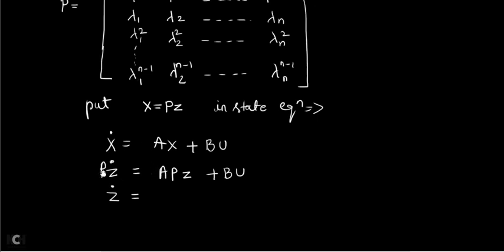And when you take any matrix from left to right hand side, the matrix becomes inverse, that you know from mathematics. So when you take this P to the right hand side, it becomes P inverse. Remaining is A P Z plus P inverse B into U. Correct, no? There is one P coming here also and there is one P coming here also. P becomes P inverse.